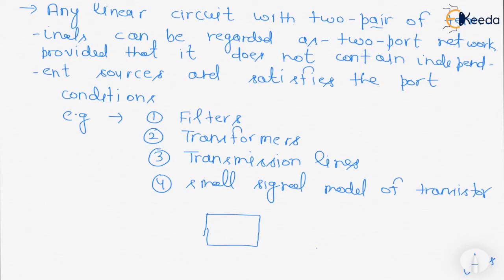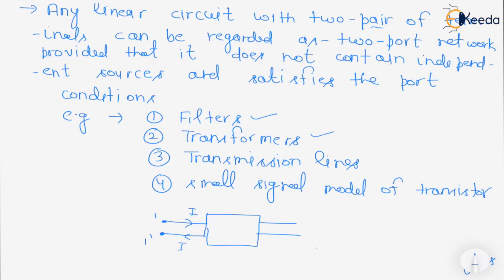If here we have two port, then in between there should not be any independent source, as well as it must be satisfying the port conditions, means current entering at terminal 1 should be equal to current leaving at terminal 1 dash.